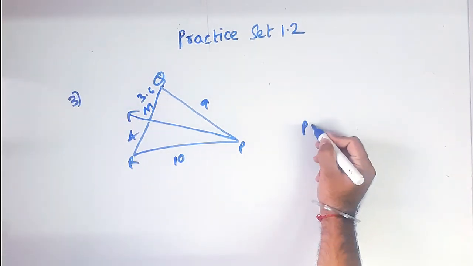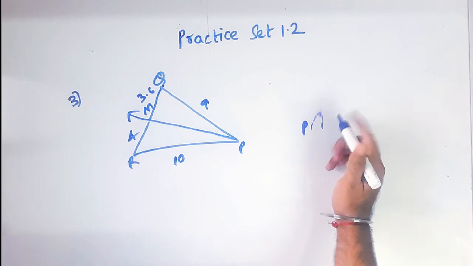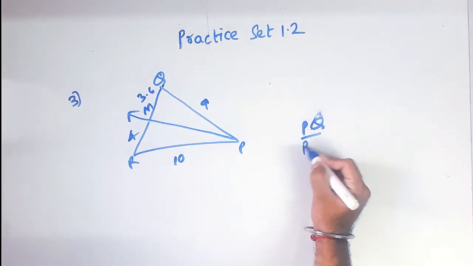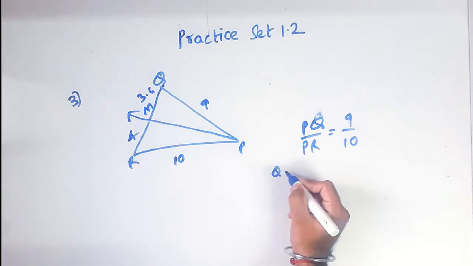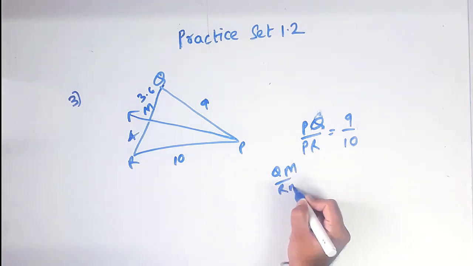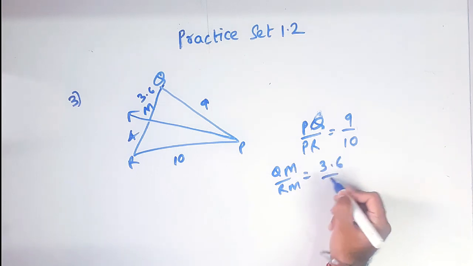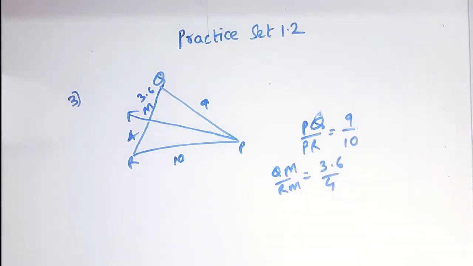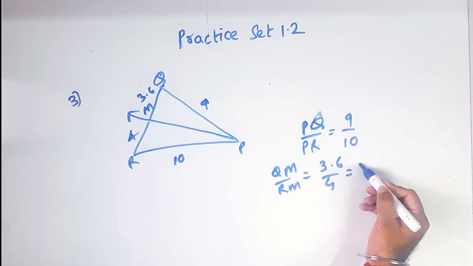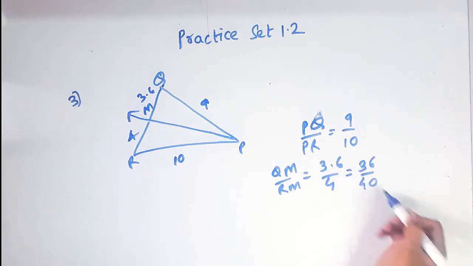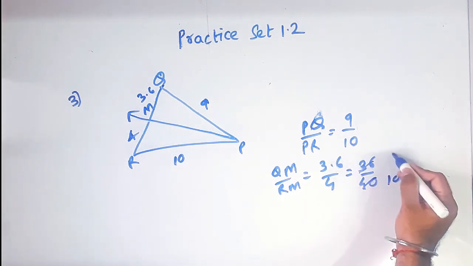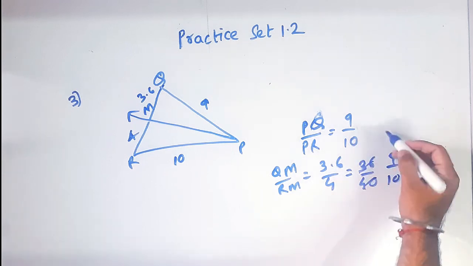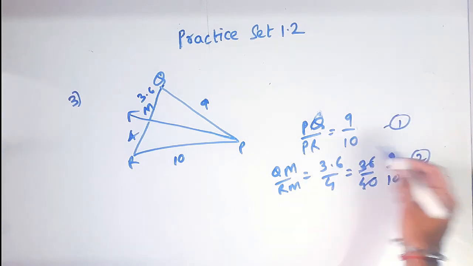I'll write, this is PQ upon PR equals 9 upon 10, and then QM upon RM equals 3.6 upon 4. Because I don't want this decimal, I'll multiply this by 10, so this will become 36 upon 40. By which number can we cancel? 4 tens are, 4 nines are. Okay, so you can see both are equal now.